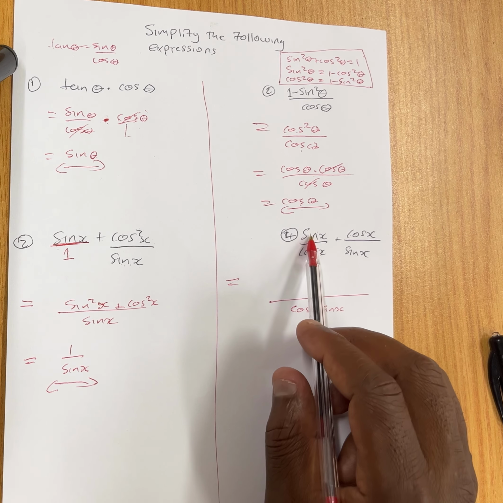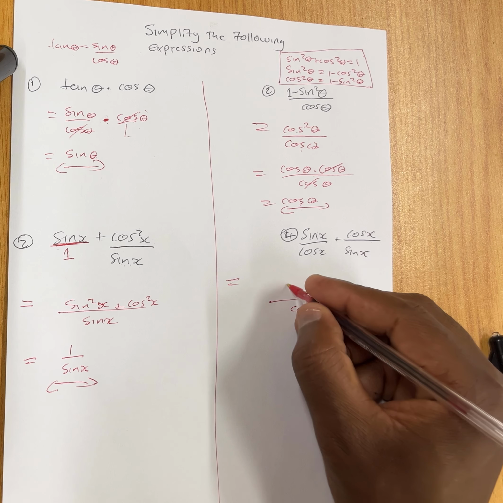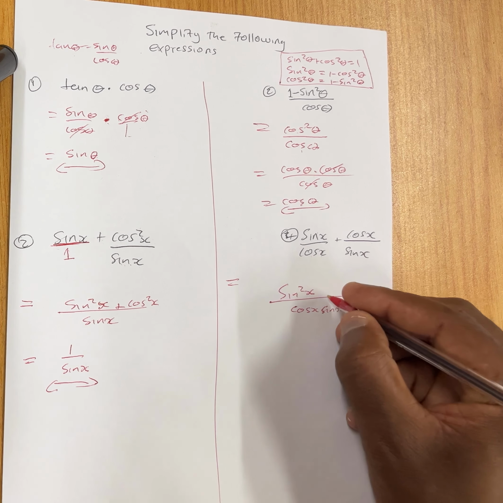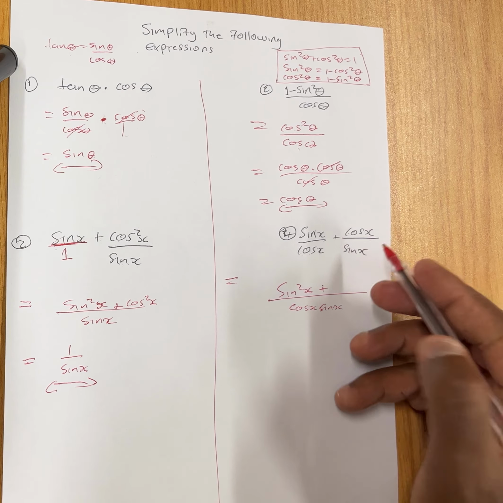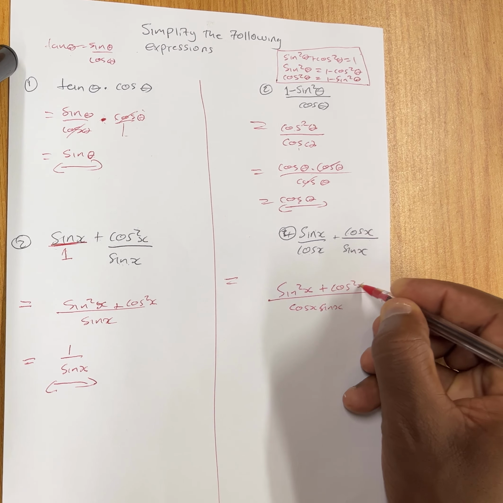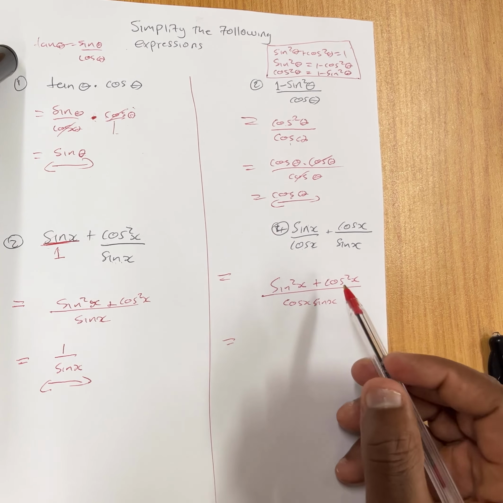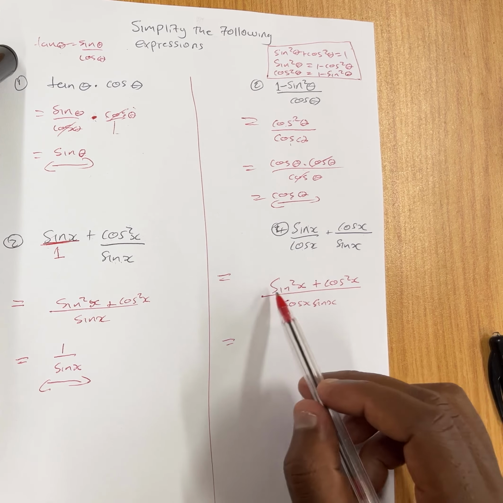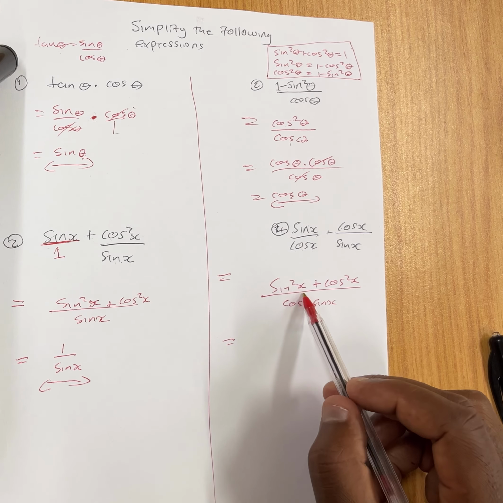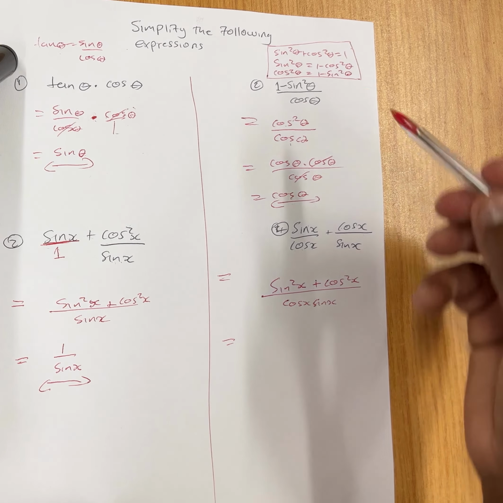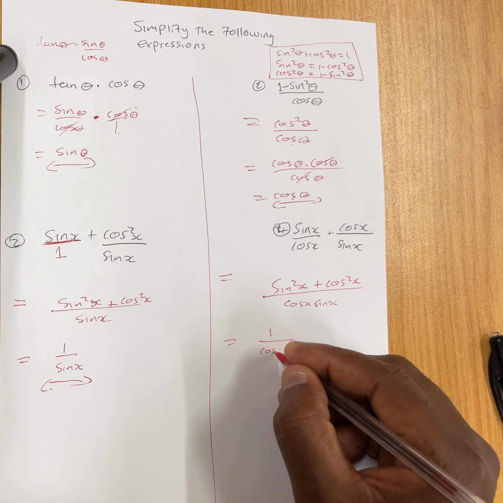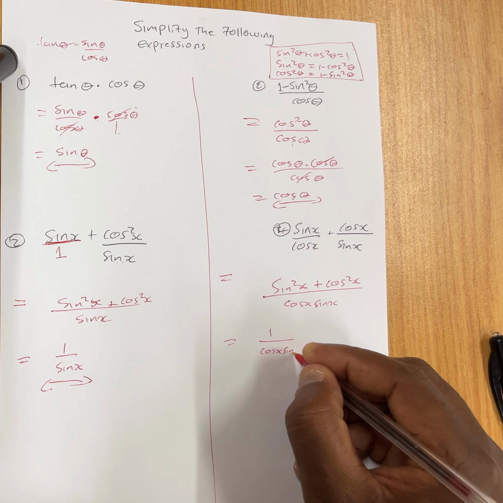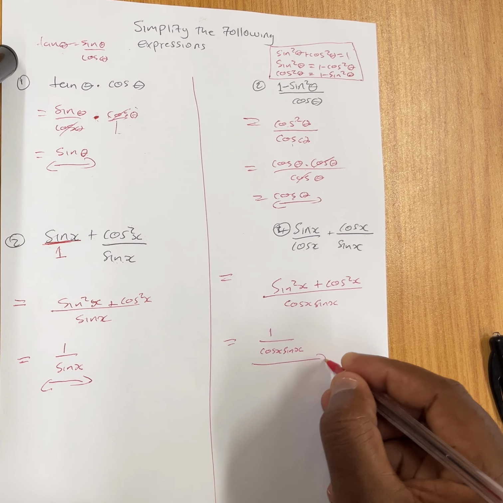So sine x multiplied by sine x is sine squared x, plus cos x times cos x is cos squared x. And then from this part here, you need to think about the identities. Sine squared x plus cos squared x equals 1. So it's 1 divided by the cos of x and sin of x.